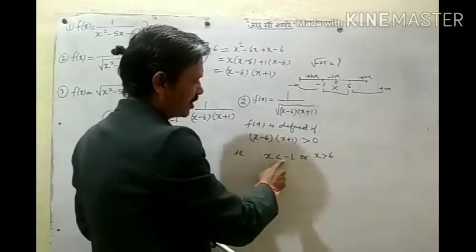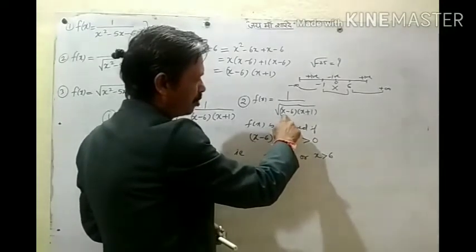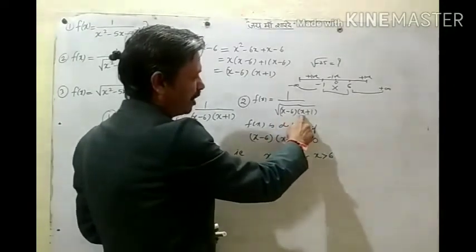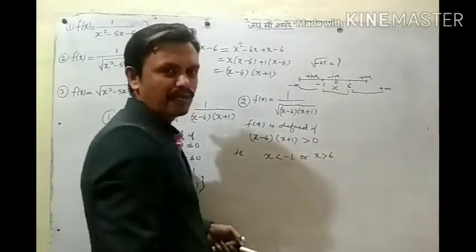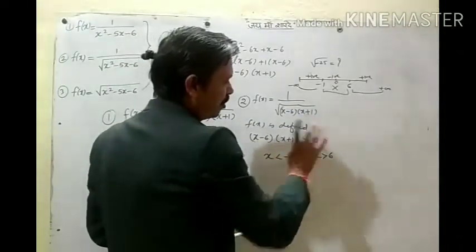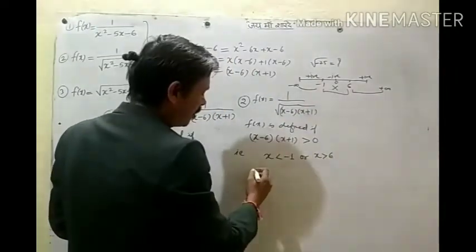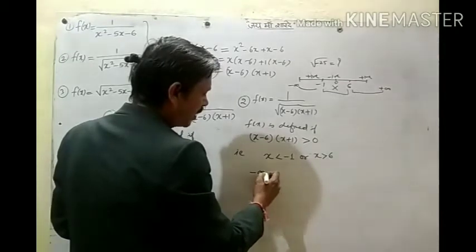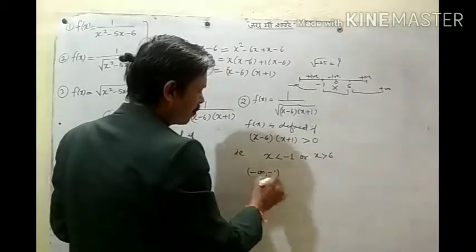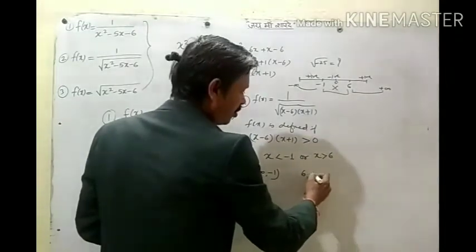And if we take x less than -1, say -2, then -2 minus 6 is -8, and -2 plus 1 is -1. Okay? So x should be less than -1 or x should be more than 6. Less than -1 means we are going from negative infinity to -1, and from the other side, 6 to infinity.